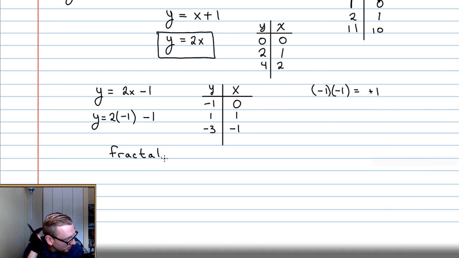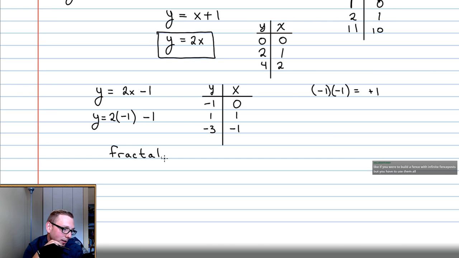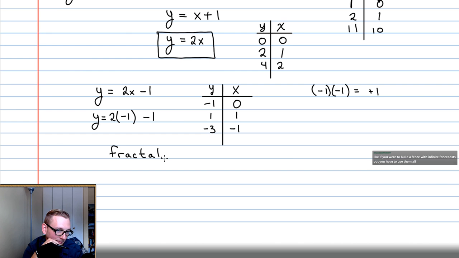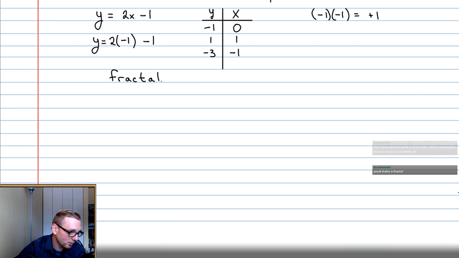But I can show you something that is also interesting, that's everywhere in nature. Have you ever heard of the Fibonacci sequence? It's just a sequence of numbers where to get the next number, all you do is add the previous two numbers together.